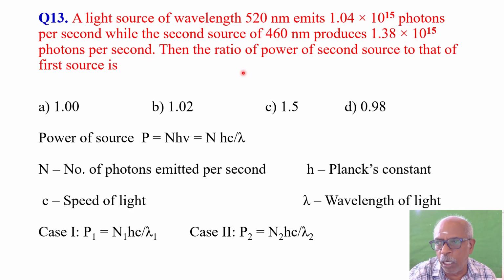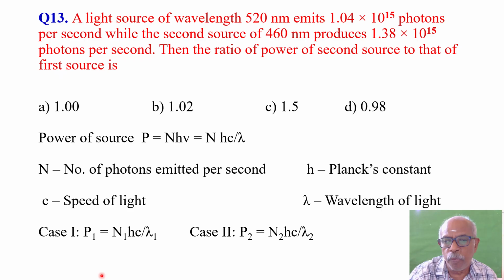Then the ratio of power of the second source to that of the first source is how much? A 1.00, it means both are having the same power, B 1.02, C 1.5 and D 0.98.